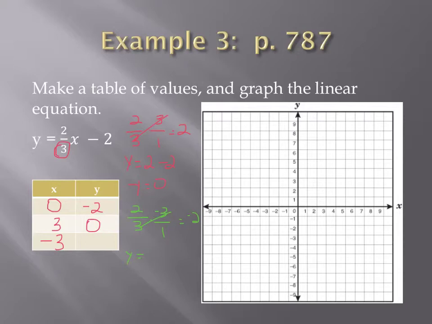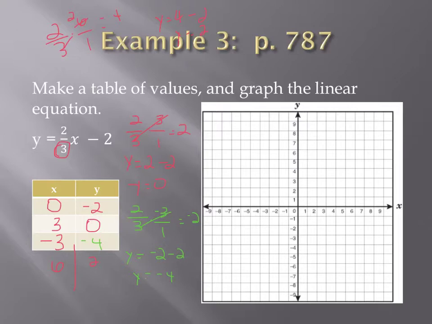So y equals negative 2 minus 2, which is negative 4. Now had I decided to keep a 6 there, I would have 2/3 times 6 over 1, which is 4. So y equals 4 minus 2 would be 2. So 6, 2 could also be a point.